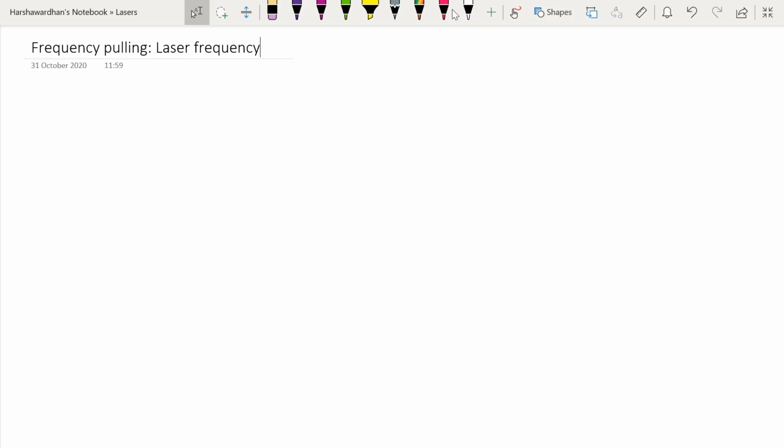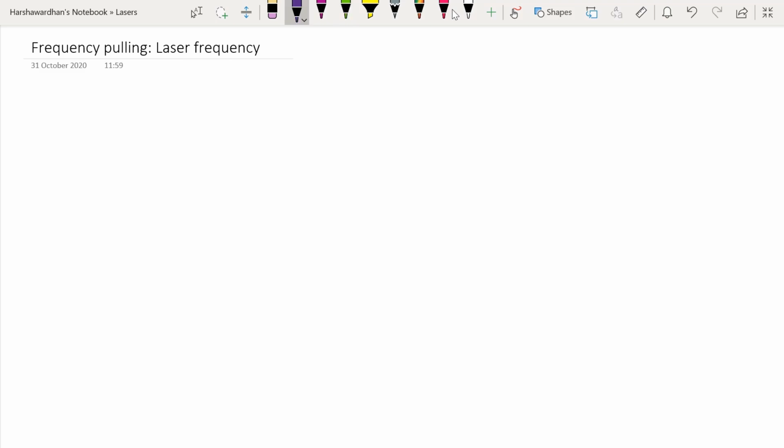For example, if I talk about the absorption, which is just the negative of the gain, in the case of absorption, we would be well within the anomalous dispersive region, right? So it is this dispersion which is varying, and let's see what is the consequence of such a large variation of the dispersion on the cavity frequency that is supported by the laser.